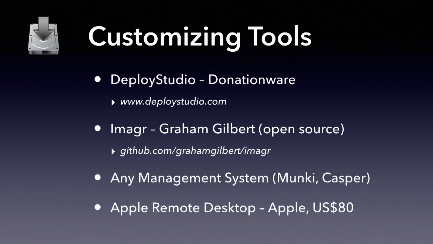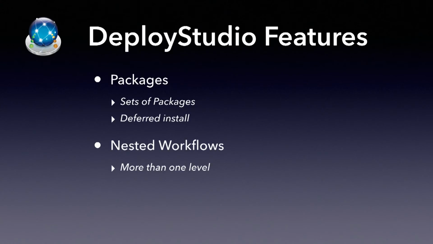So I don't want to discount that, but the idea is we want to start automating as much as possible, because it then becomes repeatable and beneficial to make it so that you're getting consistent product out every time. Next slide. So I'm going to talk a little bit more about DeployStudio in specific.